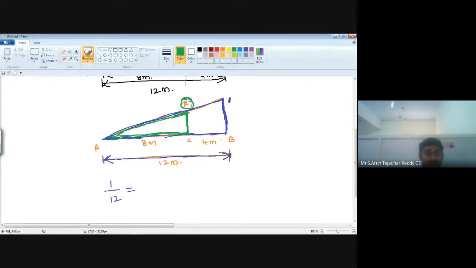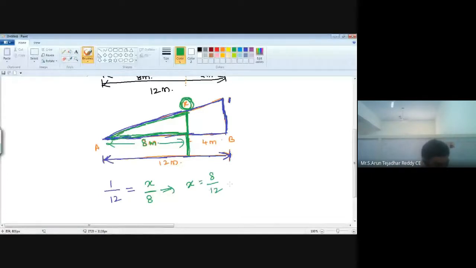X or x1, whatever it may be, by base. What is the base? Up to here, we have an 8 meter distance. Where x is equal to 8 by 12.